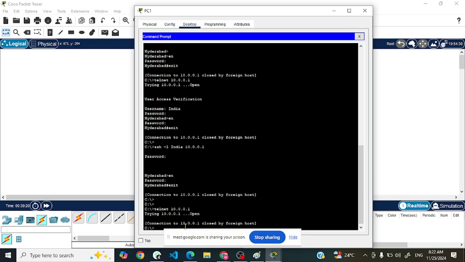We are not able to access a telnet connection. The router is refusing because we have given transport input none. Neither SSH will be able to access nor telnet.